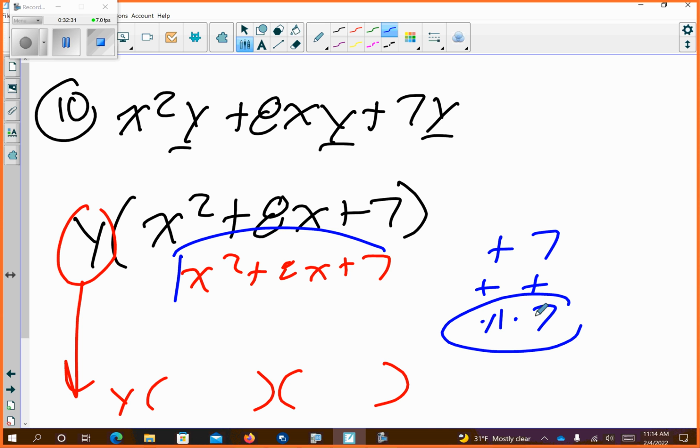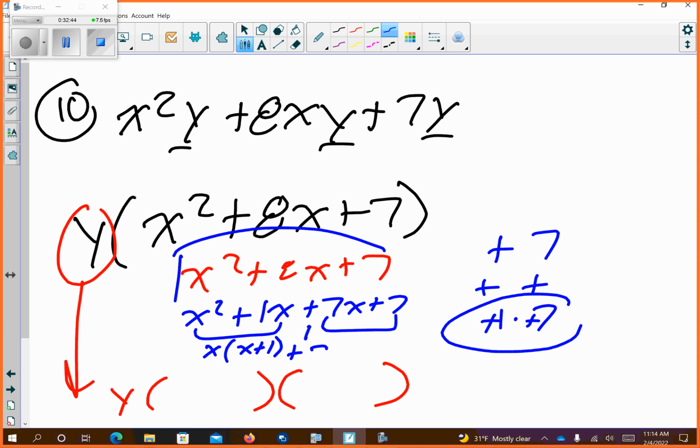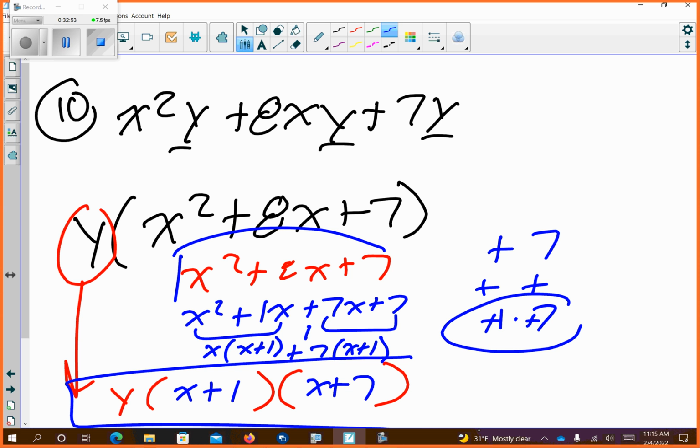Is 1 plus 7 equal to 8? Answer is yes. Factor out an x plus 1. Plus sign comes down. Factor out a 7, x plus 1. And there's your answer. Cool?